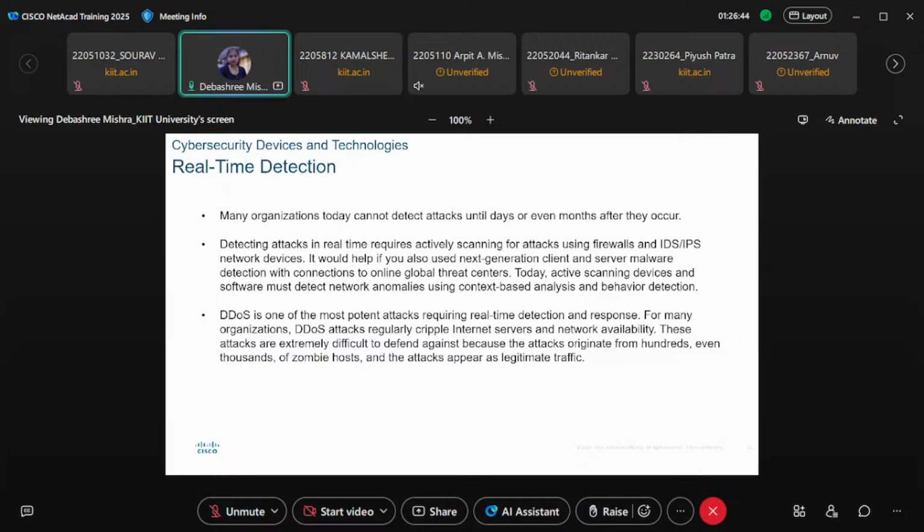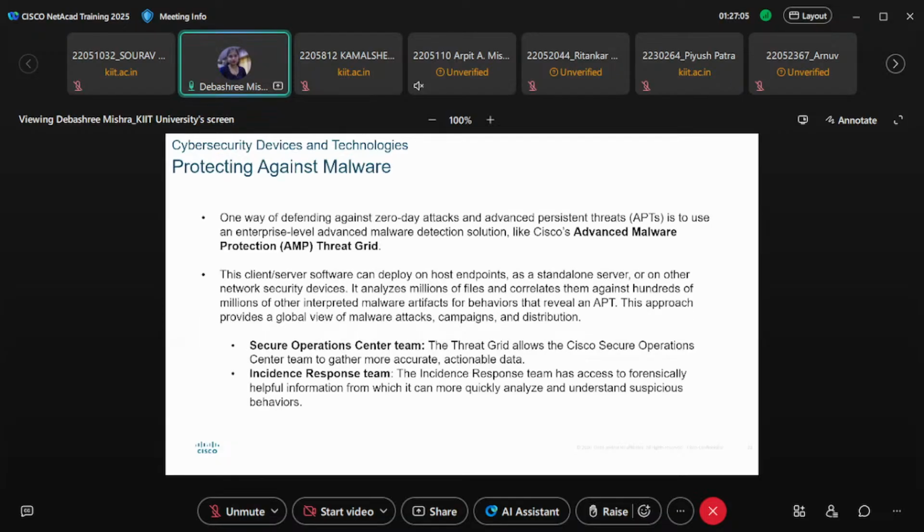These attacks are extremely difficult to find and act on, because there are multiple attacks based on this type of DDoS. Even a zombie host attack can appear as legitimate traffic. So these are the real-time attacks that need to be detected, and the action needs to be taken at that period of time, right?